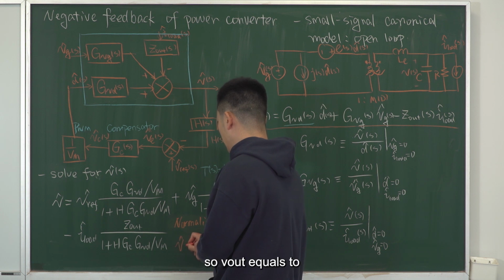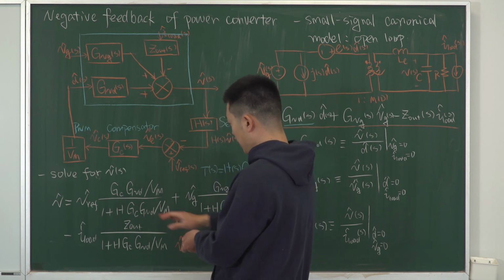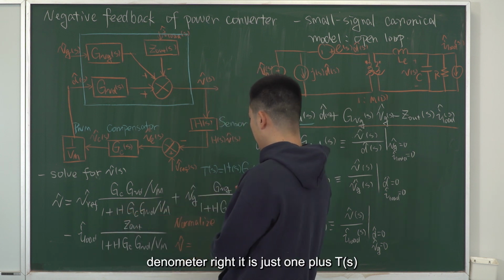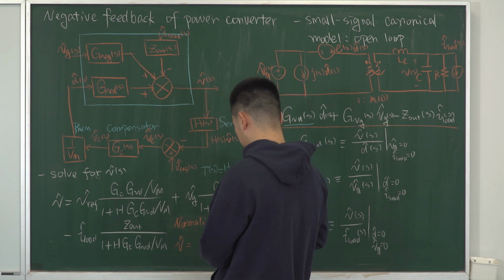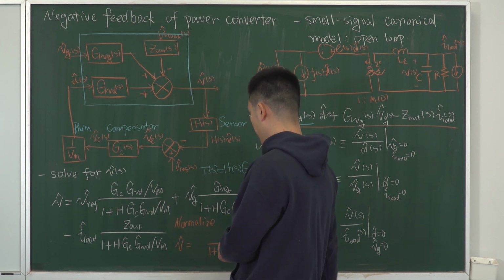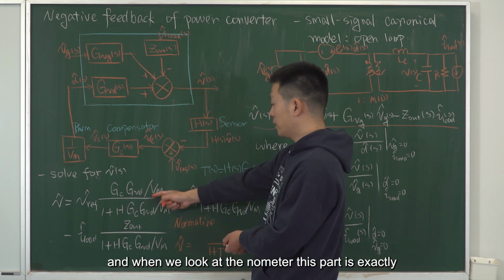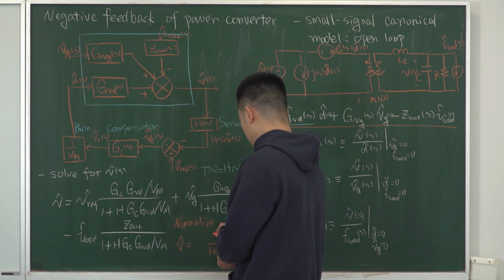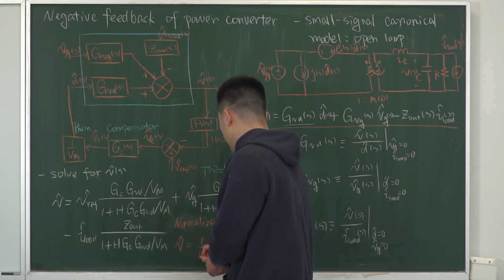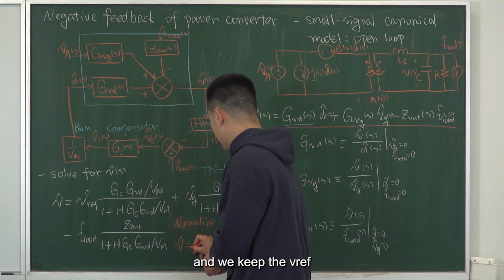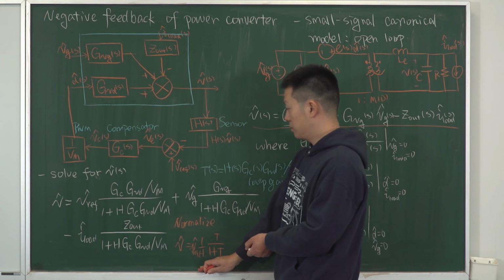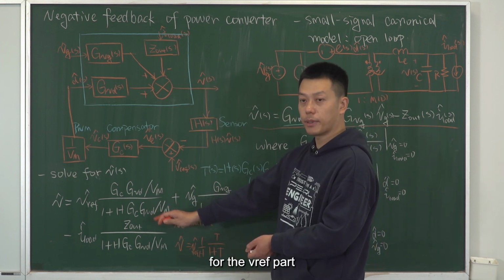Vout equals, when we look at the denominator, it is just 1 plus T(s). And when we look at the numerator, this part is exactly T divided by H. And we keep the Vref. So this is a simplified expression for the Vref part.